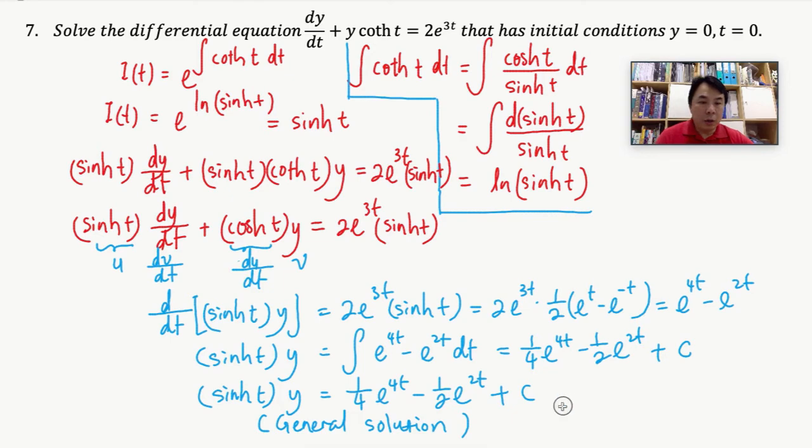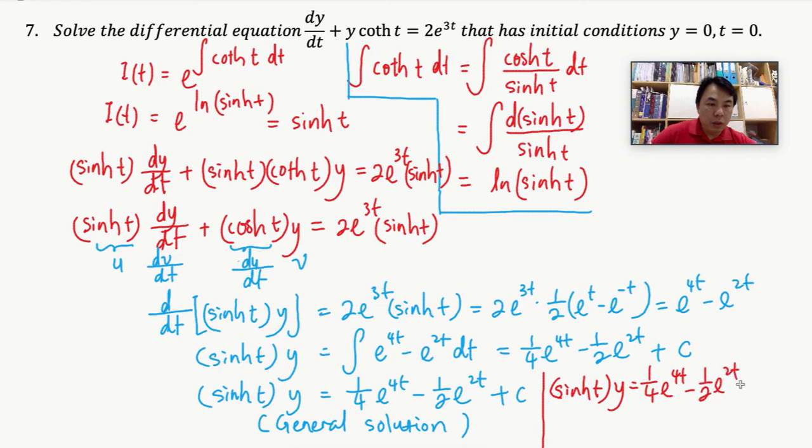So by substituting this into here, we will be able to obtain c equal to 1/4. Therefore, I can conclude, maybe I would write down, okay, this is a general solution. Yeah, maybe I'll keep it as c at this point. And then I'm going to write down the specific or particular solution. Now, at this point, I'm going to write down sinh t y equal to 1/4 e^4t minus a half e^t plus 1/4.